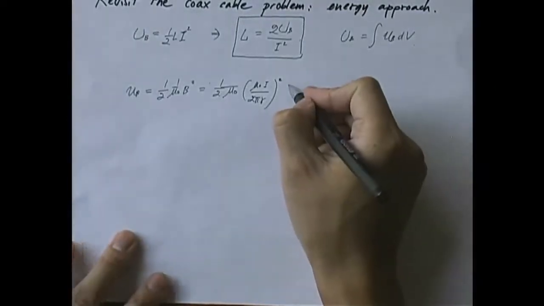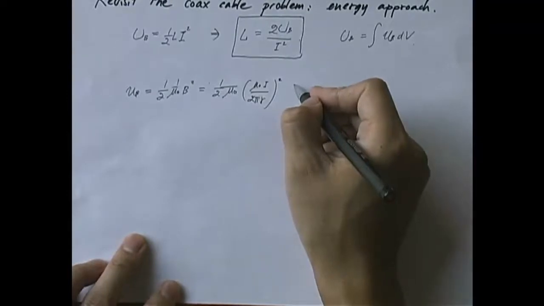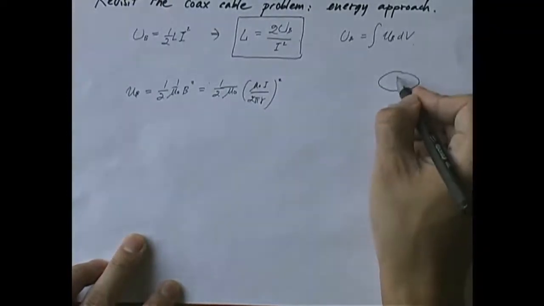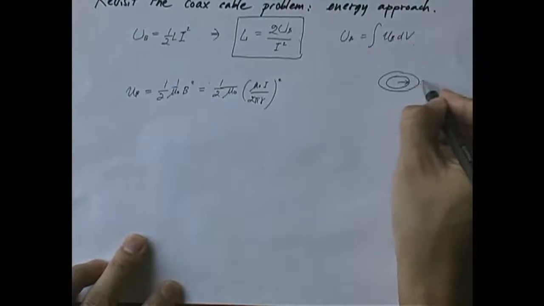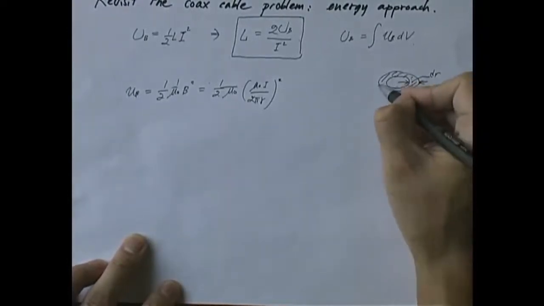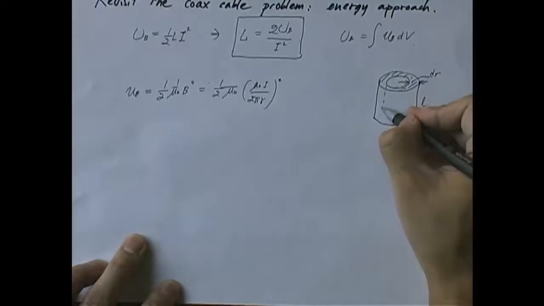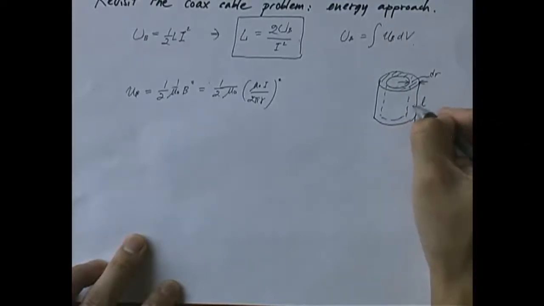This is the magnetic energy density. Multiply this by the volume of the shell, which is 2 pi r, the circumference, times dr. That gives you this cross-sectional area. And then multiply by the height L. That gives you the volume of that shell.